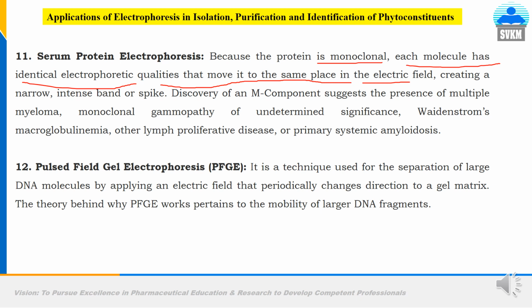That should not be the case, and therefore the discovery of an M component in serum protein electrophoresis helps in the proper identification of myeloma and monoclonal gammopathy of undetermined significance, where it is used to diagnose a disease.